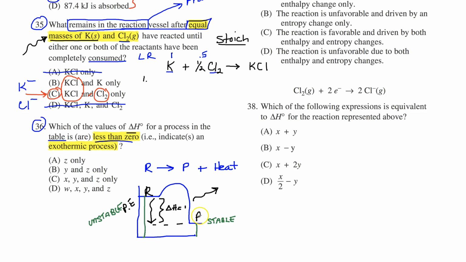Why do the products have so little? Because some of that energy that the reactants had was given off as the heat that we just talked about. And all exothermic reactions move this way. So we're moving from an unstable high energy reactant to something that is lower energy, and that'll help us figure out which of the individual components of the table is releasing energy.